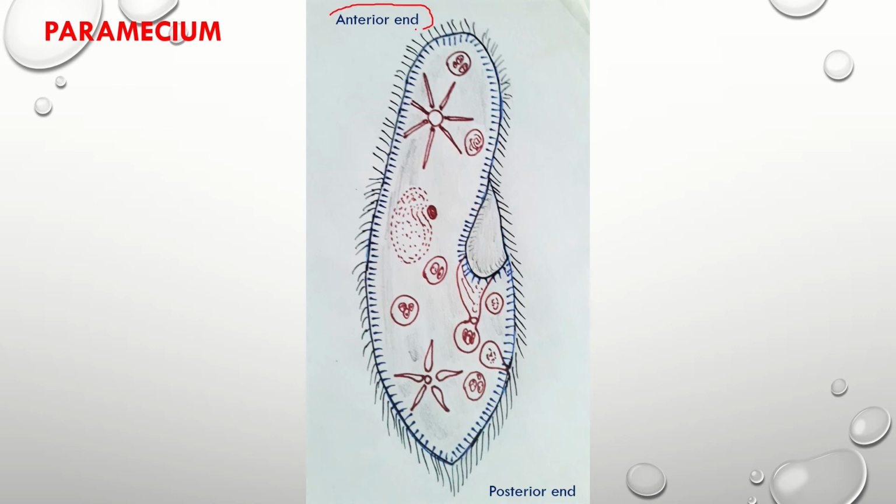The anterior end is blunt and rounded as compared to the posterior end, and the posterior end is somewhat pointed, giving a slipper shaped structure.